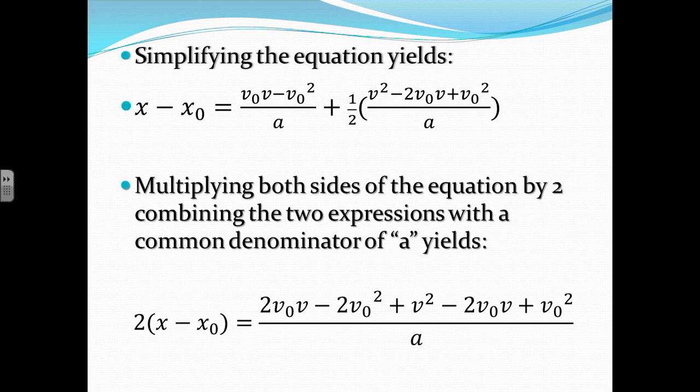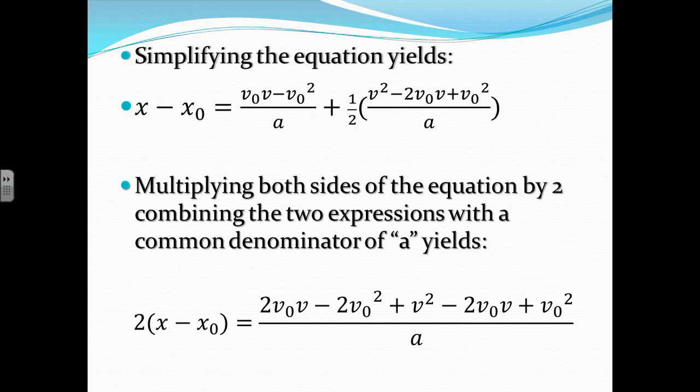Taking this expression, on the top of this term on the right-hand side, we can see that we can cancel a lot of these out. The 2 velocity initial velocity cancels out with the negative 2 velocity initial velocity, and you can see that we have a negative 2 velocity initial squared.